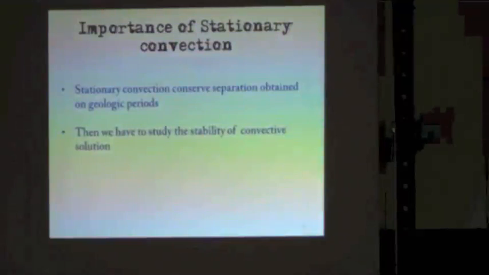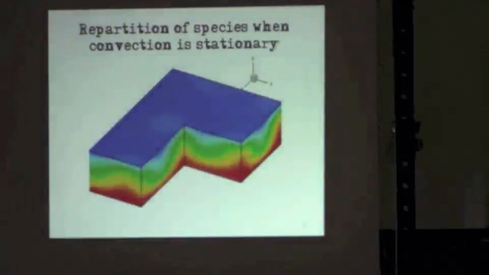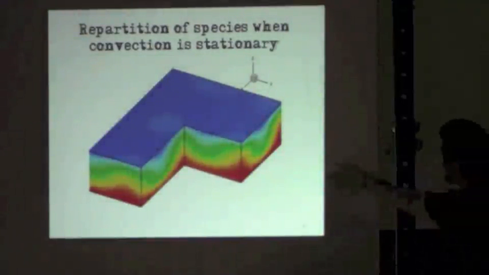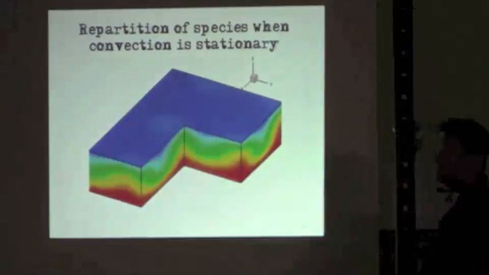The importance of stationary convection: stationary convection conserves separation obtained over geologic periods, so we have to study the stability of the convective solution. Here we show the solution for stationary convection. Here is the concentration gradient.